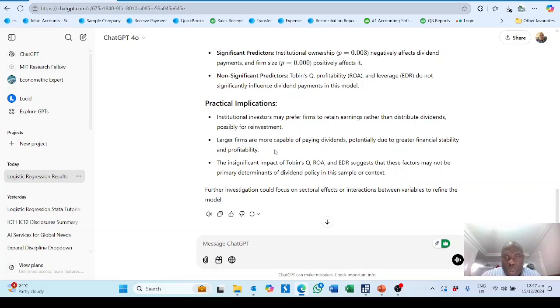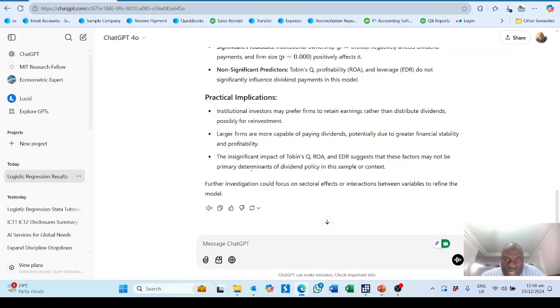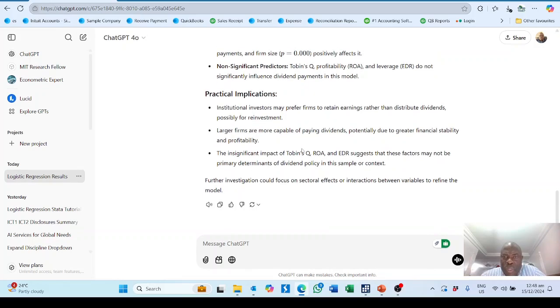Large firms are more capable of paying dividends, because the size is highly significant. Large firms are more likely to pay dividends, potentially due to greater financial stability and profitability. The insignificant influence of Tobin's Q, ROA, and equity to debt ratio suggests that these factors may not be the primary determinant of dividend policy in this context.